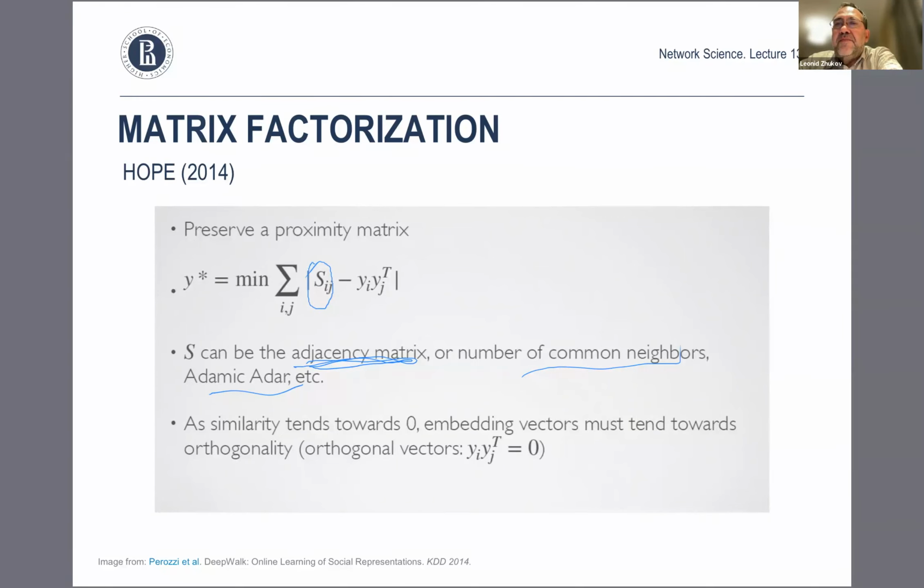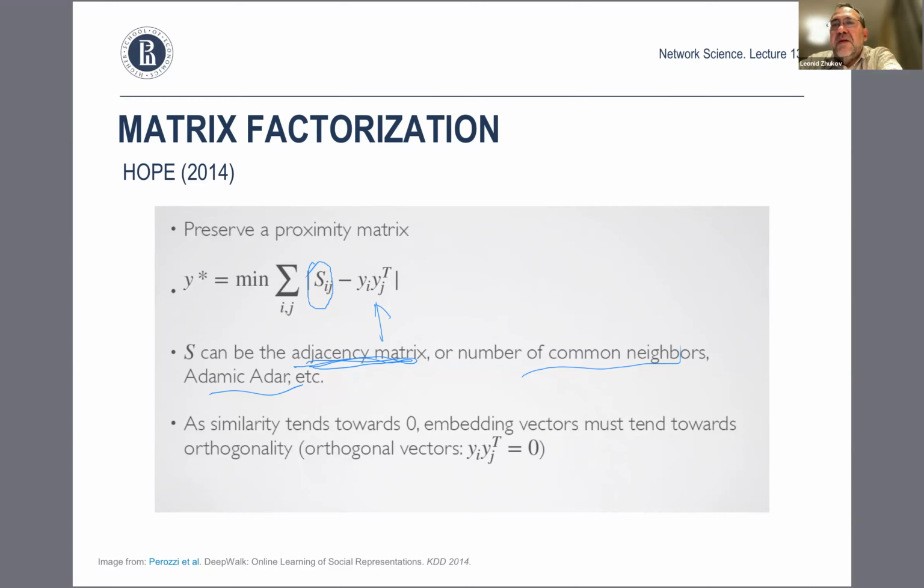And then if we have our vectors, we can think about the dot product of the two vectors, vector i and vector j. It's literally the cosine similarity between those two vectors.